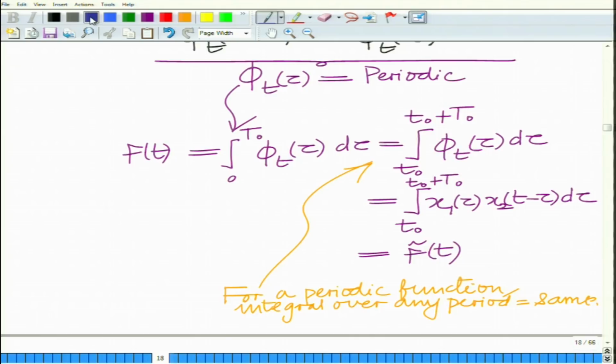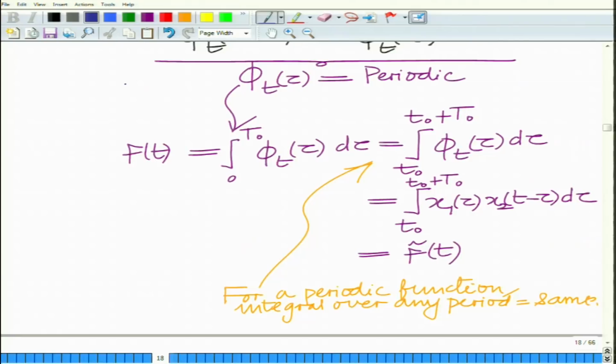That is, if I have a periodic function with period T naught, if I consider any time interval of duration capital T naught, then the integral will be the same. Therefore, integral 0 to capital T naught will be the same as integral from any small t naught to small t naught plus capital T naught. So, the integral over any interval of duration capital T naught, where T naught is the period, will be the same for a periodic function. So, we are using that property.